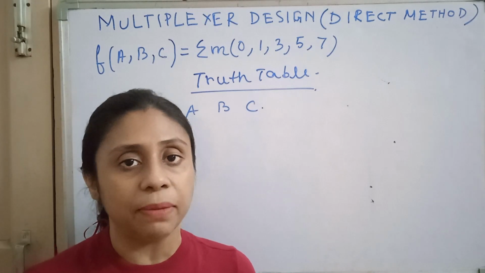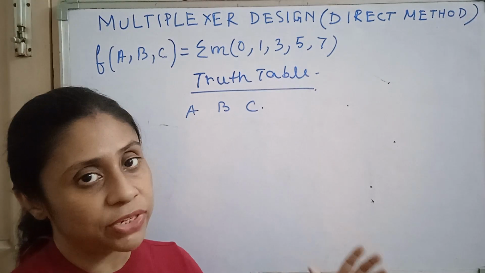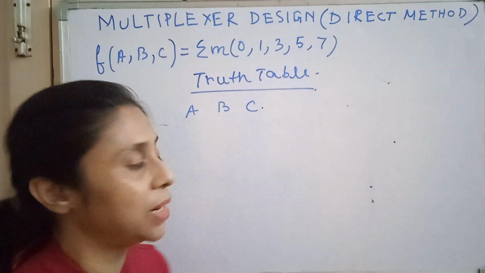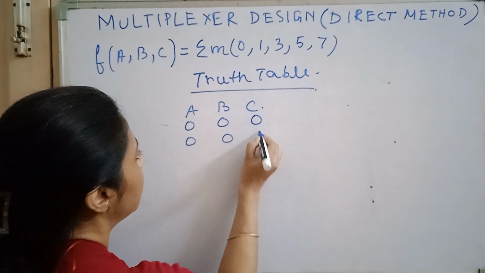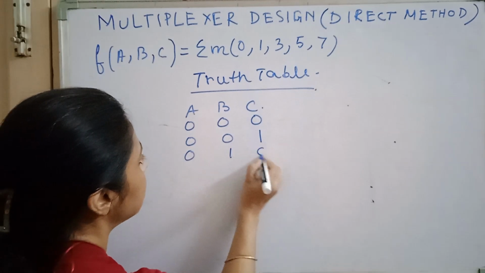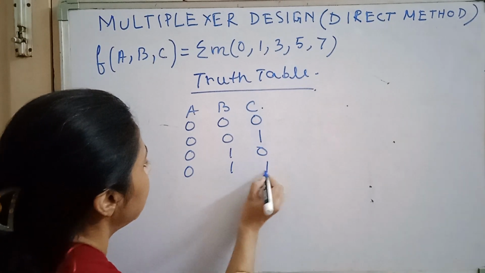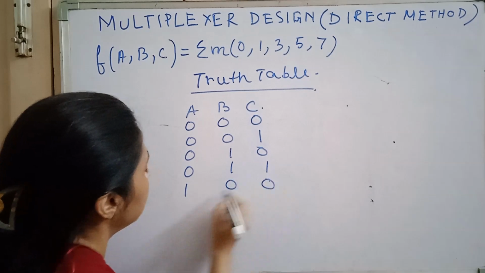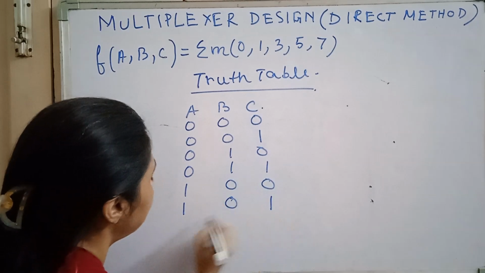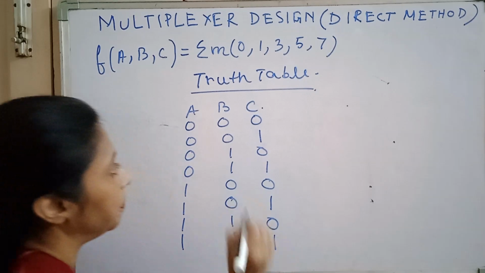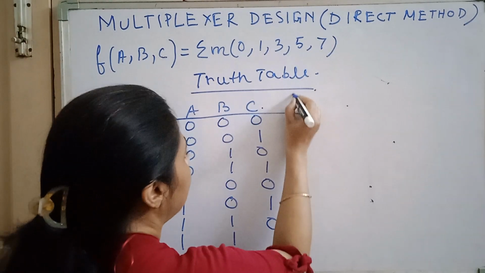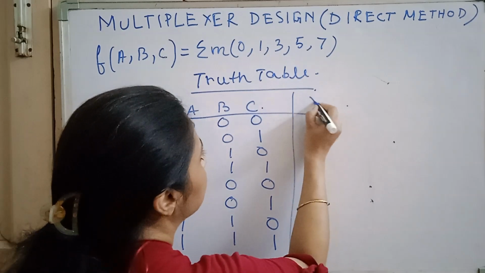Obviously there will be 8 input combinations starting from 0, 0, 0 to 1, 1, 1. So 0, 0, 0, 0, 0, 1, 0, 1, 0, 0, 1, 1, 1, 0, 0, 1, 0, 1, 1, 1, 0 and 1, 1, 1. Right?